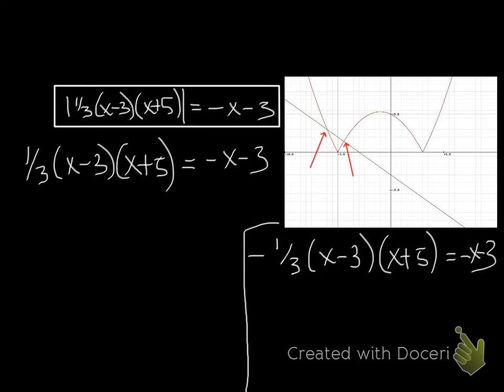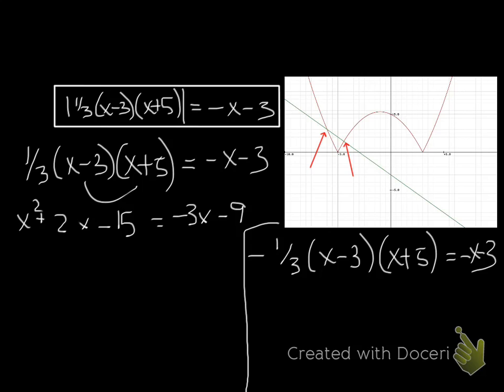So for the first equation, rather than dealing with fractions, let's just multiply by 3 on both sides and expand these brackets. I'll expand the two binomials here using distribution. So I have x squared minus 3x plus 5x, which is a positive 2x, and minus 15, and that's equal to, here on the right side, if we multiply by 3, negative 3x minus 9.